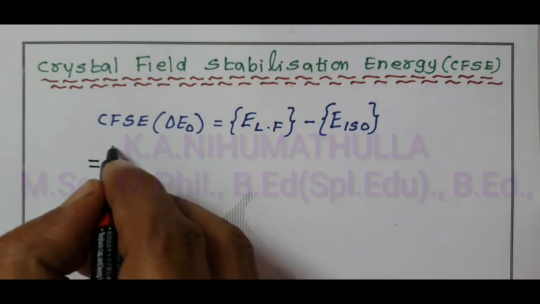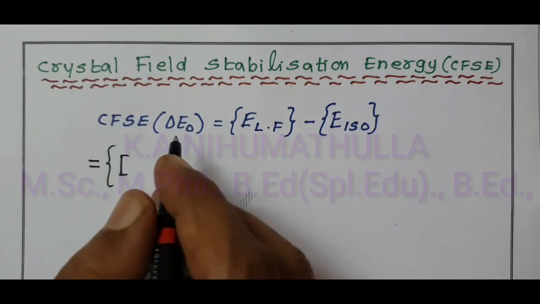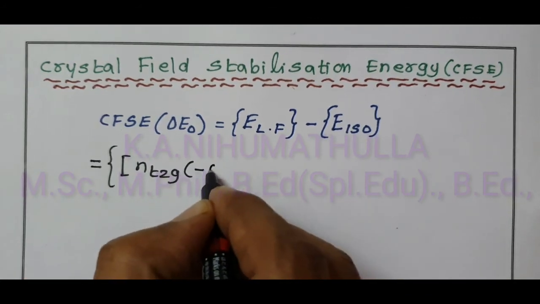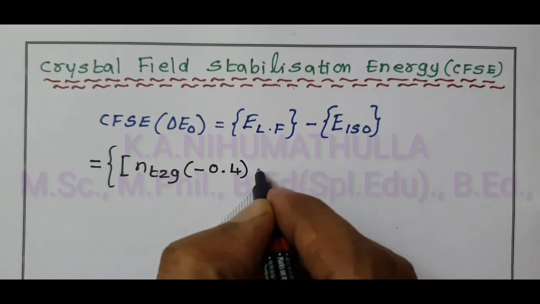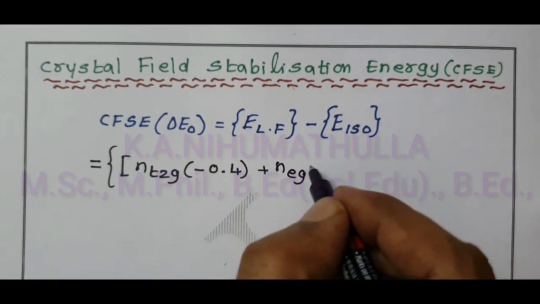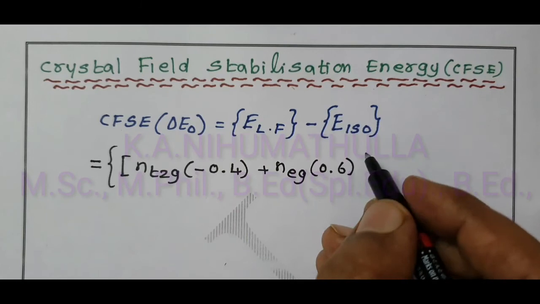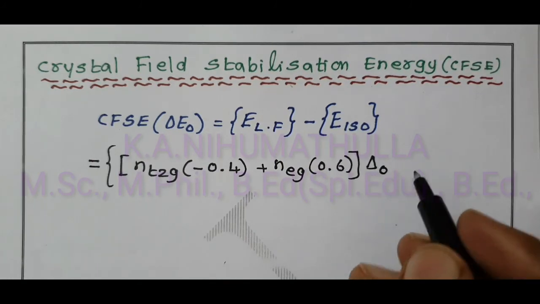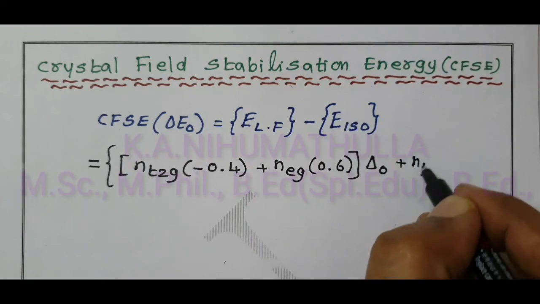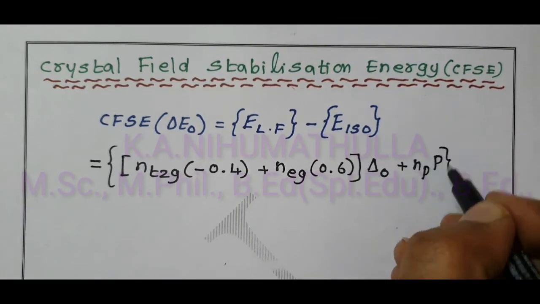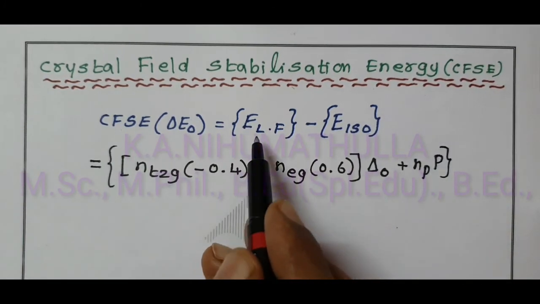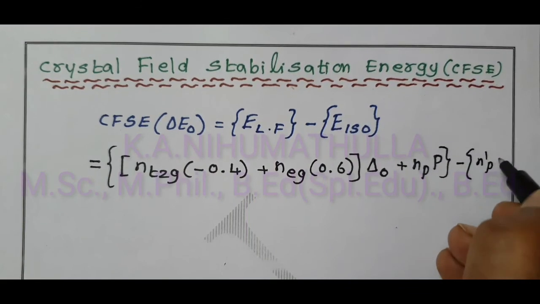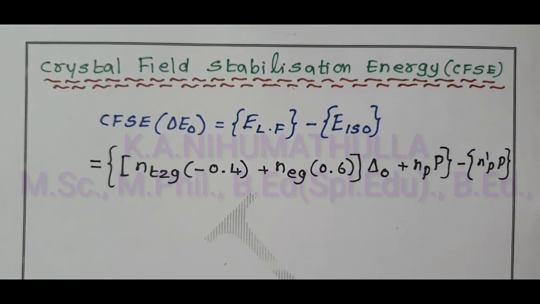That is equal to: square bracket, n-T2g into minus 0.4 plus n-Eg into 0.6, then delta octahedral crystal field stabilization energy plus nP into capital P. This is the formula used to calculate the electronic configuration of the ligand field, minus the isotropic field, n dash P into P.